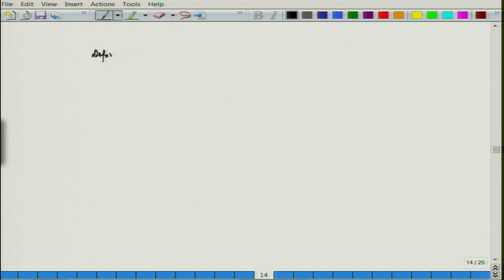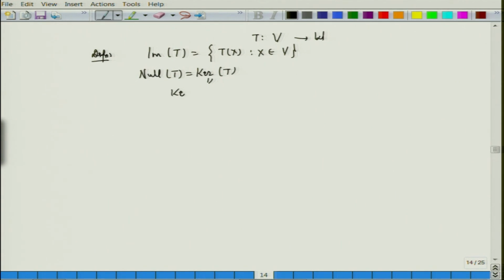One definition is the image of T. T is a map from, say, any vector space V to any space W. Image of T is the set of T of x, x belonging to V. Then there is the null space of T, and if you remember in terms of matrices, I also wrote it as KER of T, the kernel of T. This is all x belonging to V such that T of x was 0.